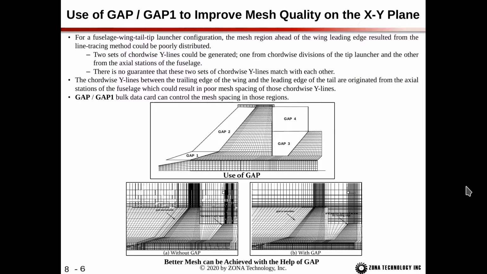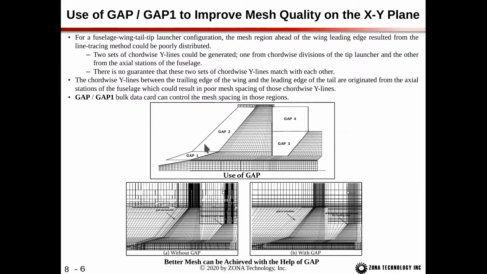Next, we want to use the gap or the gap 1 cards to improve the mesh quality on the XY plane. Now for a fuselage wing tail tip launcher configuration, the mesh region ahead of the wing leading edge resulting from the line tracing method could be poorly distributed.